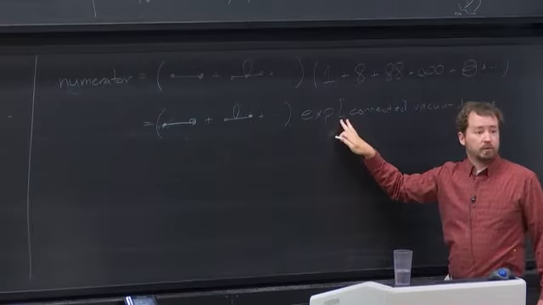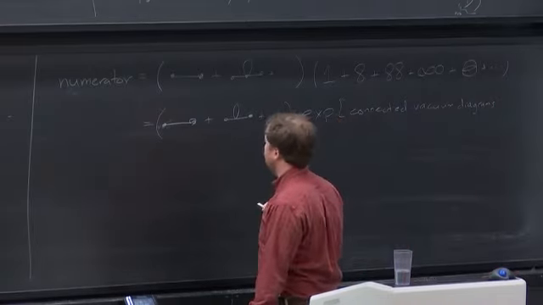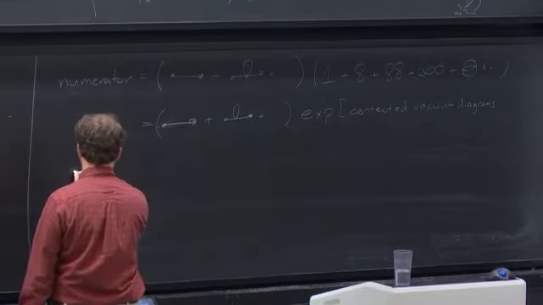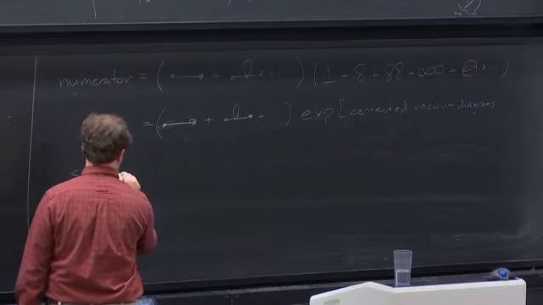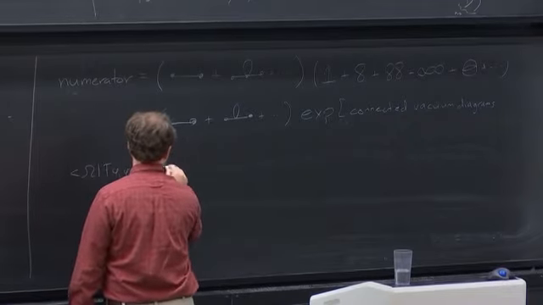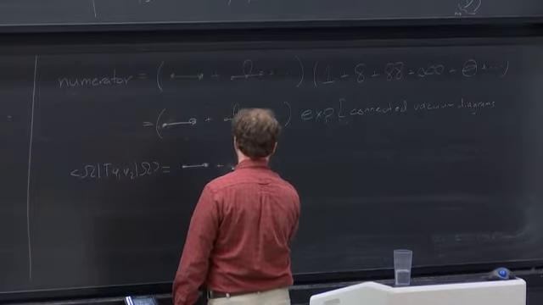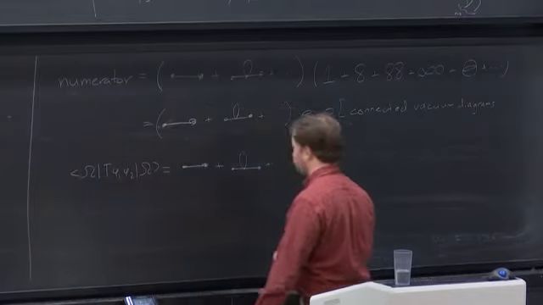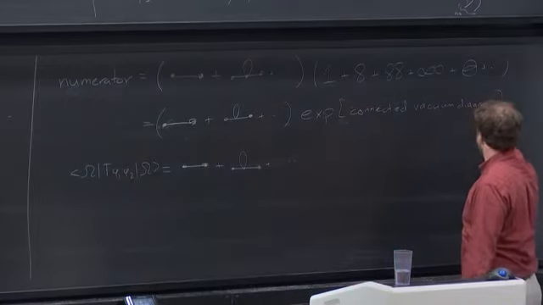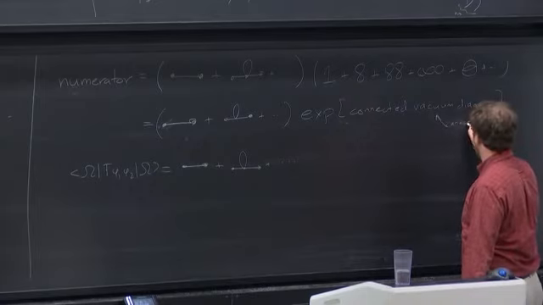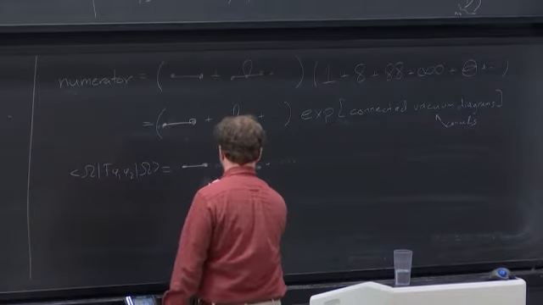And so this part cancels between the numerator and denominator. So we're left with this. That's just this part. No vacuum subdiagram.